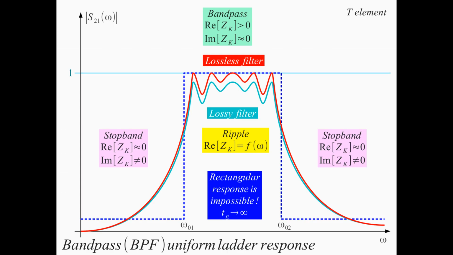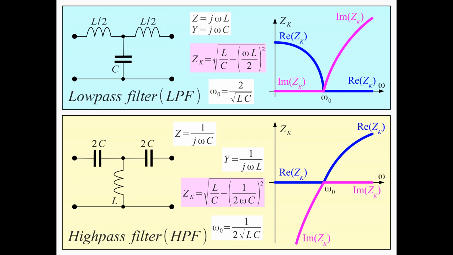So how do we make filters now? We have to start with the simplest possible filters. In the simplest possible filters, we have inductors in the serial branches, and capacitors in the parallel branches. This is a low-pass filter, actually. You see that this Zk of a low-pass filter is a function of frequency. It becomes imaginary at high frequency.